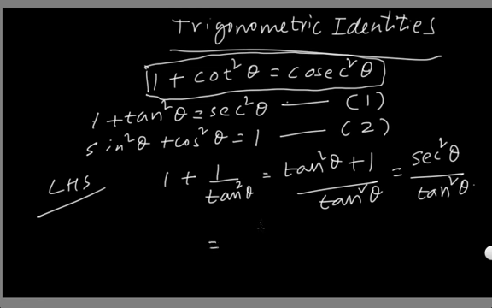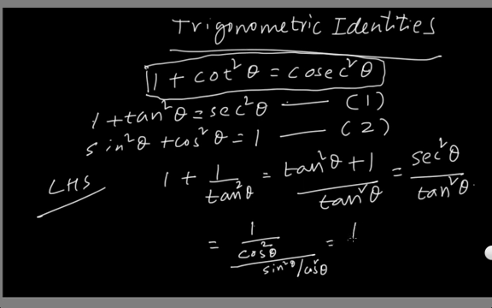Now let's convert everything into sine and cos. Secant square theta, we know, is 1 by cos square theta, and we know that tan theta is sine theta by cos theta, so tan square theta is sine square theta by cos square theta.